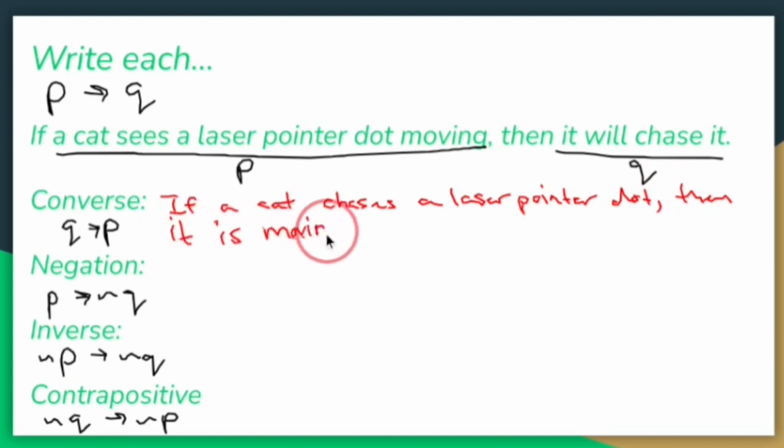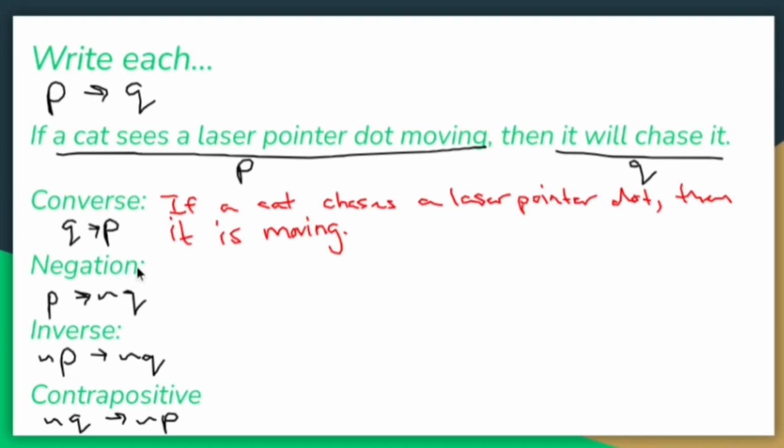What you saw me do here is I moved some words around to make the sentence make sense. If I were just to go in reverse and say, if it will chase it, then a cat sees a laser pointer dot moving, that's not wrong, but this just sounds better. If a cat chases a laser pointer dot, then it is moving. I'm kind of happy with that.